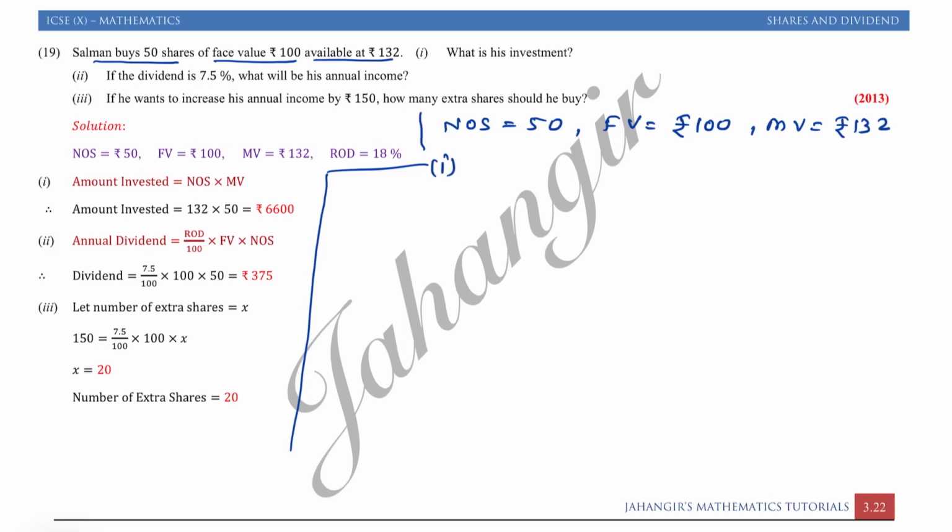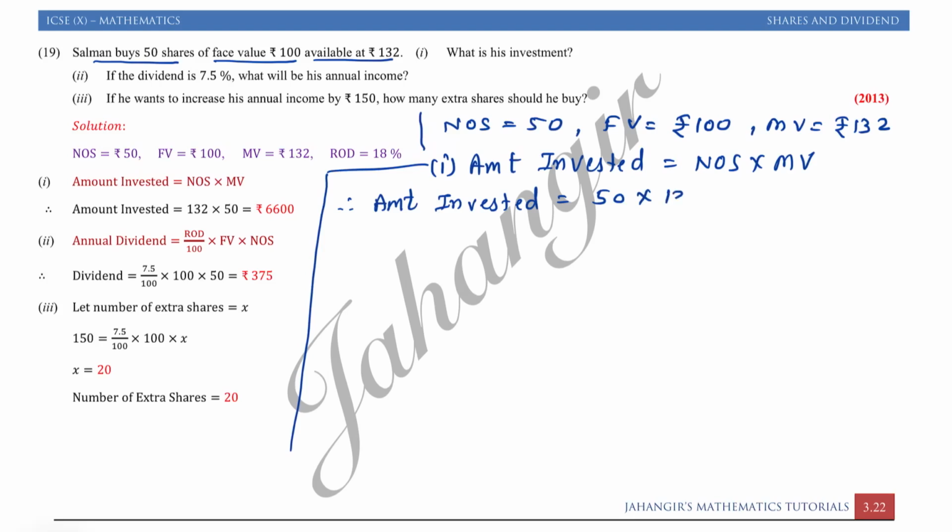So amount invested is equal to number of shares into market value. Therefore amount invested is 50 into 132. Multiplying, you will get 6600.